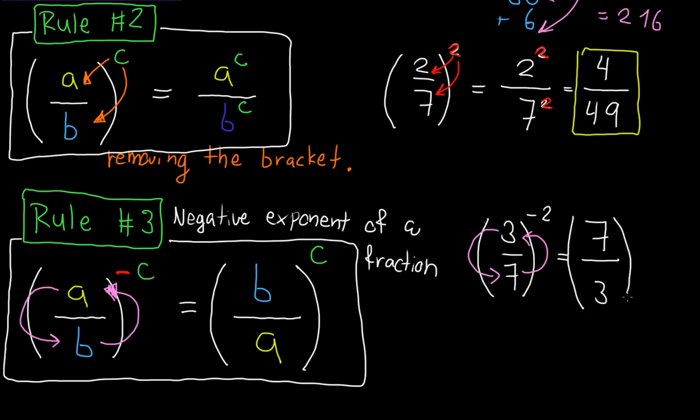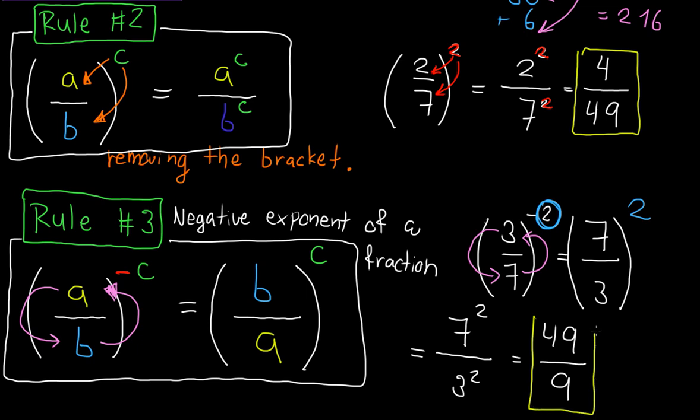Now, however, do not forget that we have a square of 2. And then we apply the second rule to find the final fraction, which is 7 squared and 3 squared. 49 divided by 9, and I think you cannot simplify it further.